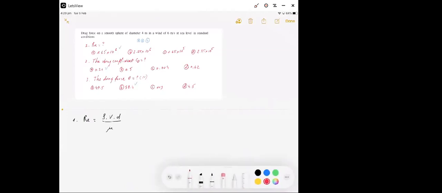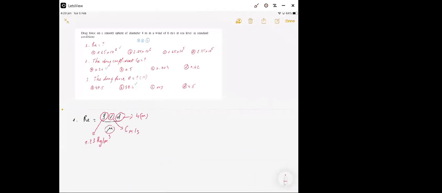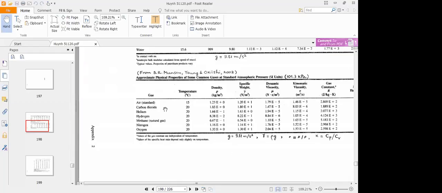With D is 4 meter, density 1.23 kilogram per meter cube, V we have 6 meters per second, and viscosity you can find from the table. At standard condition, viscosity will be equal to 1.79 times 10 to the minus 5.